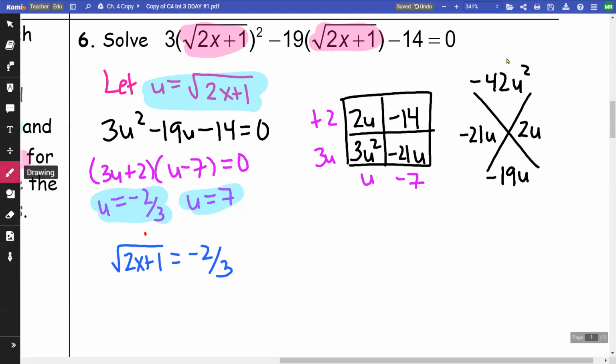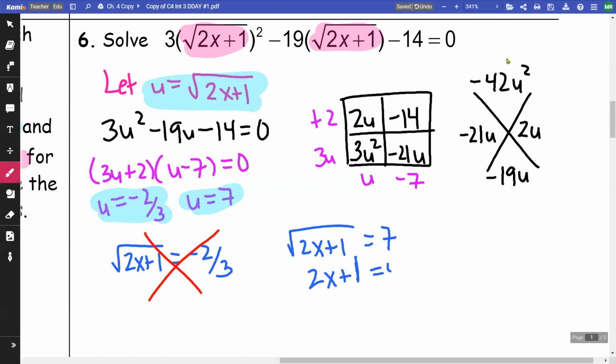So this is going to be no. So then I'm also going to take my square root of 2x plus 1 and set equal to 7, which I can do. That's okay. Square both sides, I get 2x plus 1 is equal to 49. 2x is equal to 48. I divide by 2, and I end up with 24 as our answer.